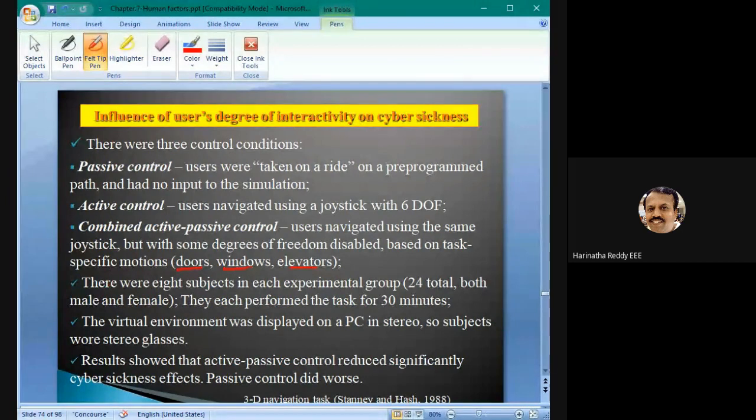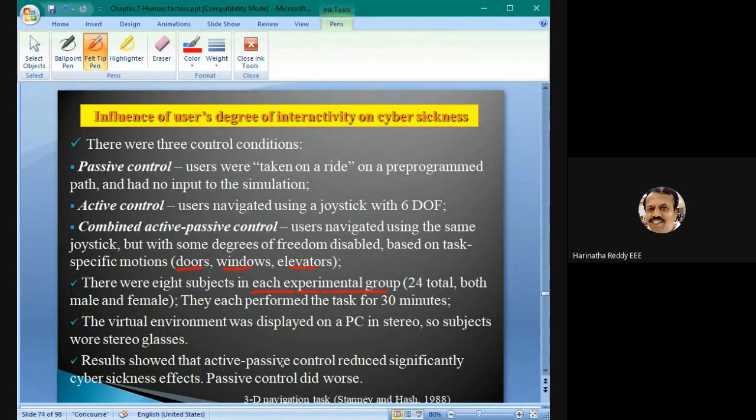Joysticks. Is it clear? And 8 subjects in each experimental group were considered and each group performed the task for 30 minutes. So like this, all the groups were tested with different control techniques. And the entire virtual environment was displayed on a PC in a stereoscopic display so that subjects wore stereo glasses.